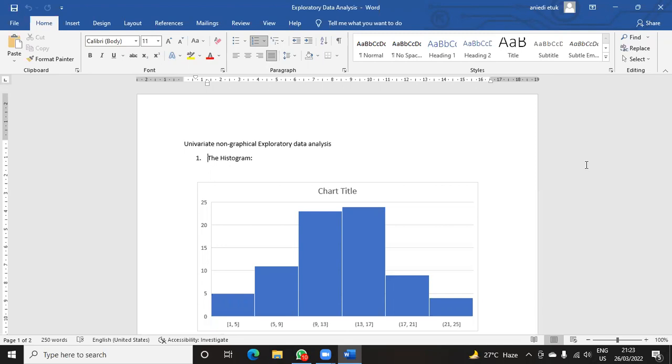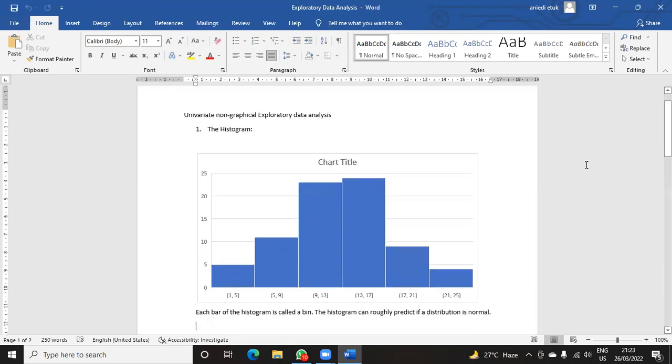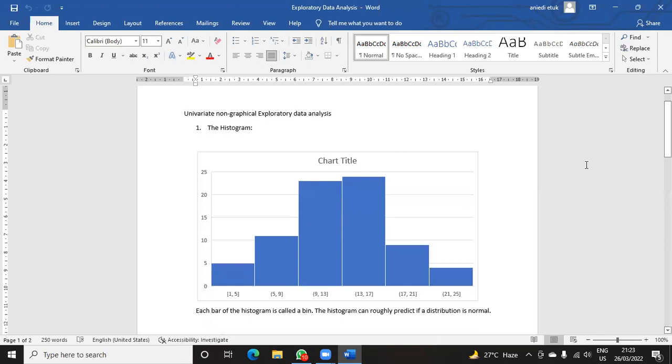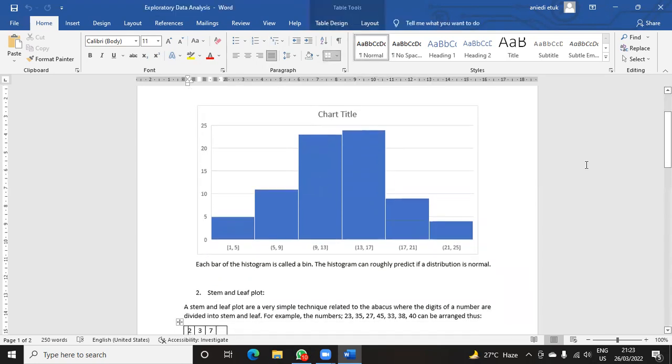All right, the first thing we talked about in exploratory data analysis, whenever we are doing analysis, we always have what we call a histogram. So the histogram, each column of the histogram is called a bin. I said it last week.